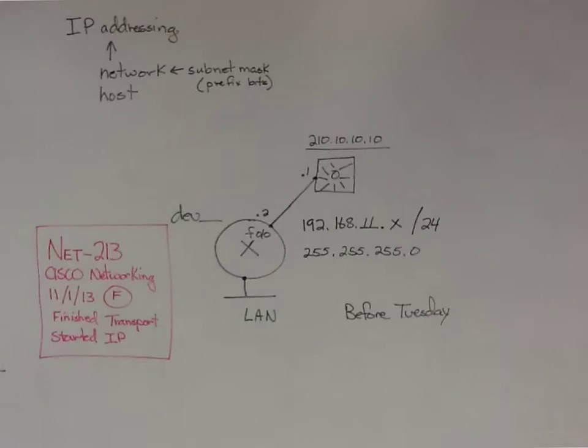So that was our introduction to addressing, and then we set up a little bit of work that the students can do. We talked about the network part of the address compared to the host part of the address, and the subnet mask that determines that.